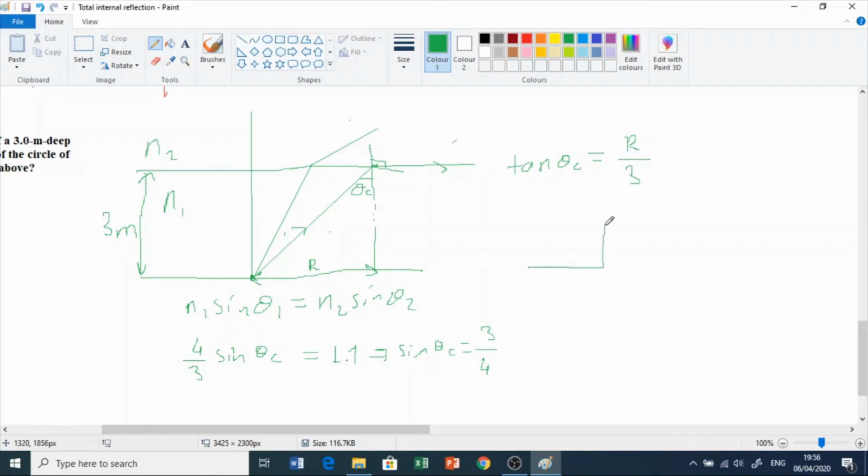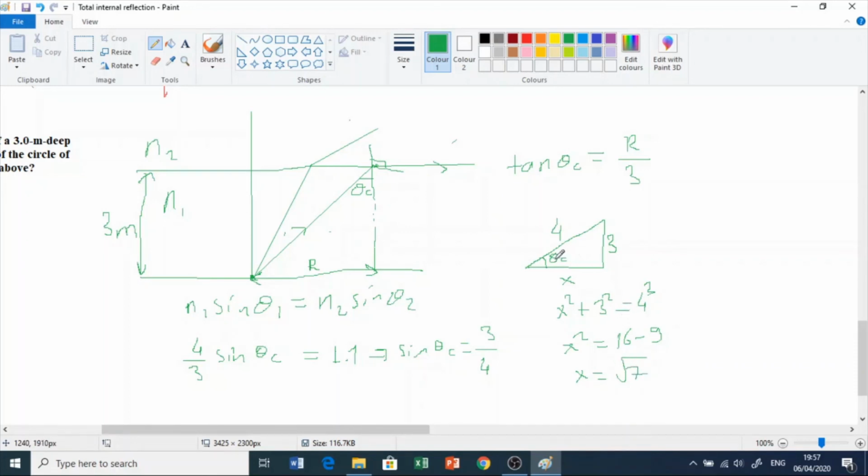Let's draw a triangle. This is theta critical. The sine of this angle is equal to 3/4. So can we find this length? Yes. Let's call it x. From the rules of trigonometry, we can write x squared plus 3 squared equals 4 squared. Then x squared is equal to 16 minus 9, so x will be equal to square root of 7. Now we can write the tangent.